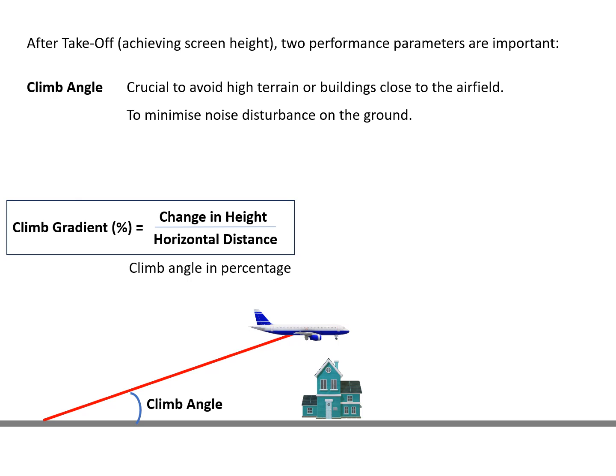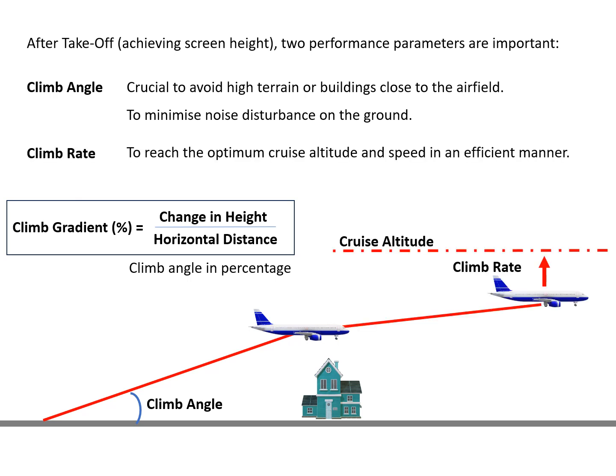There is also another parameter, climb gradient, which is actually the climb angle in percentage. It is defined as the ratio between the change in height and the horizontal distance traveled.